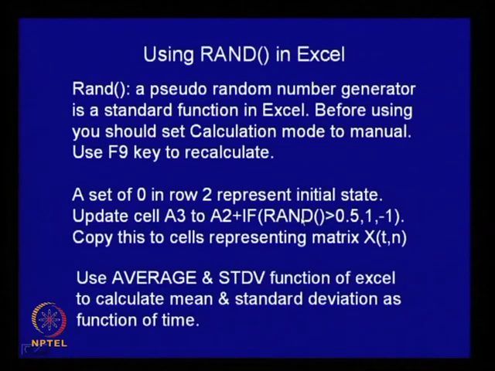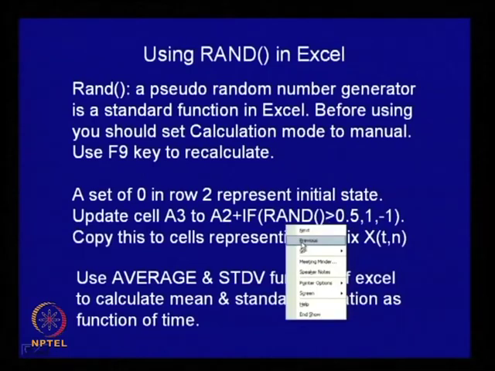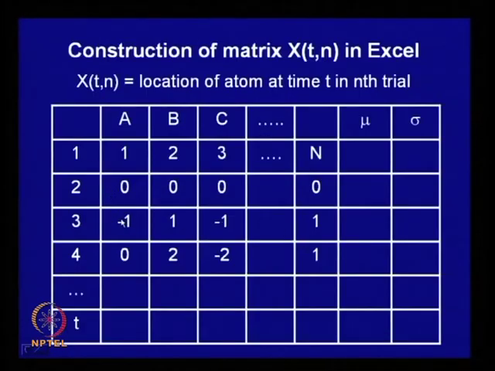If it is greater than 0.5, then it goes in the +1 direction, that means you add 1 to this. If it is less than 0.5, you subtract 1 from A2. You can copy this formula in each of the cells down below, so the formula entered in all these cells is exactly the same.